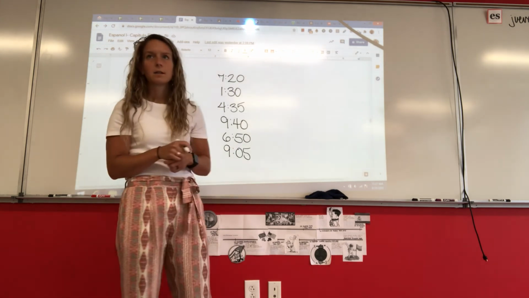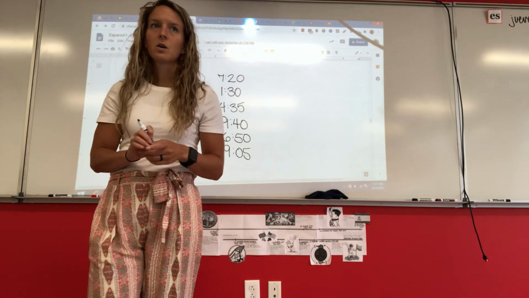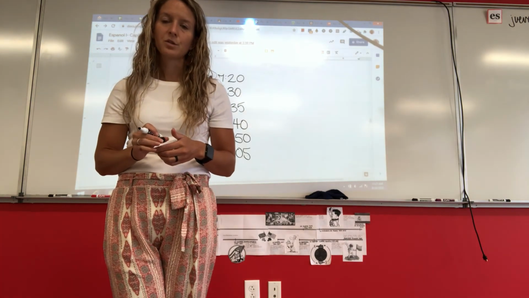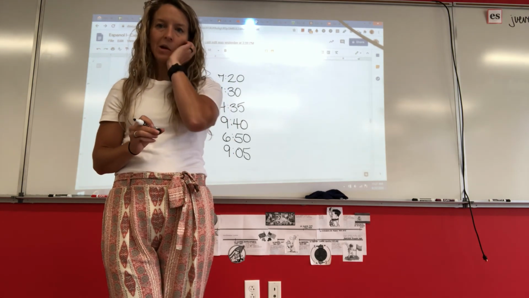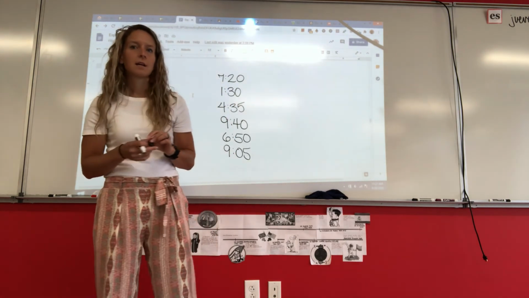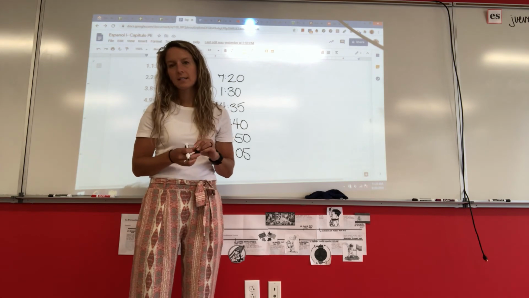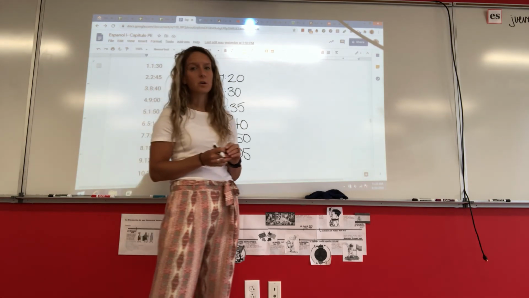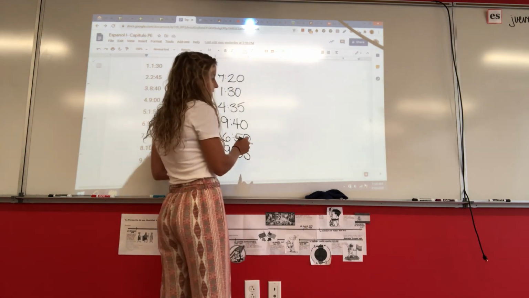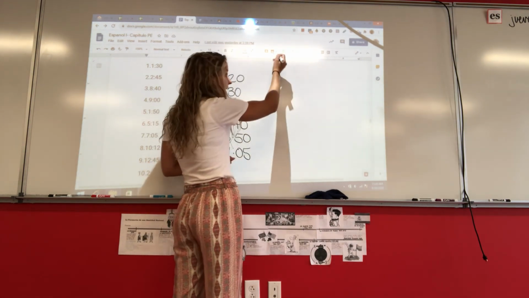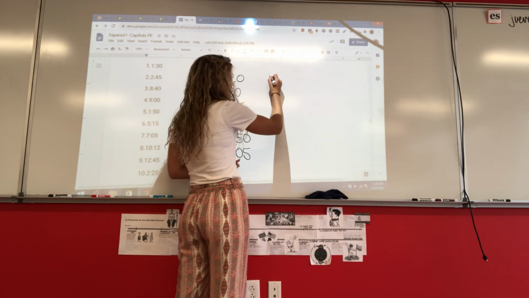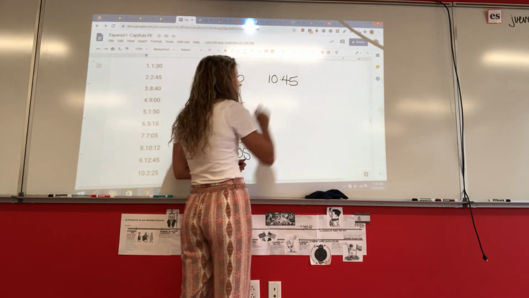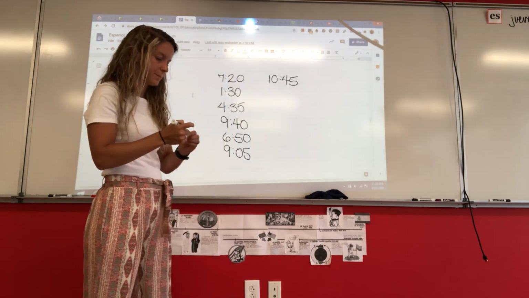Muy bien. Okay, una más. Son las 11:15. So 11 is 11 minus 15. Okay. 10:45. Muy bien.